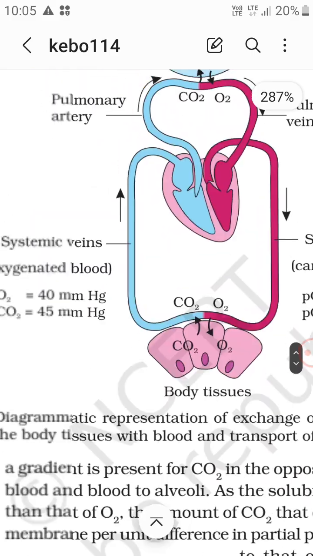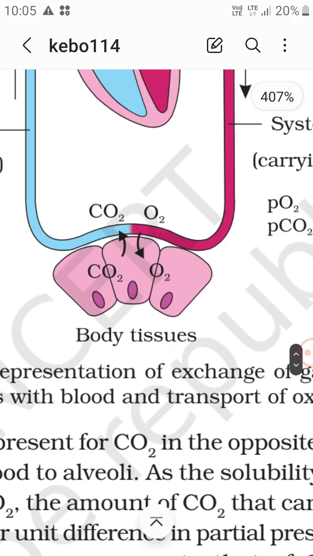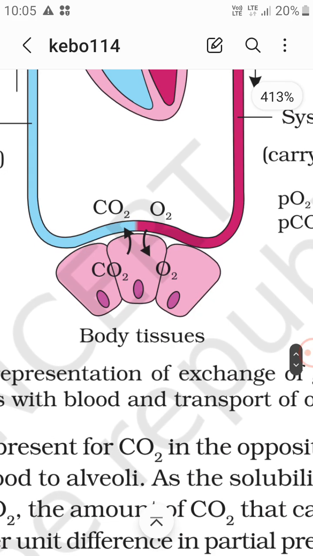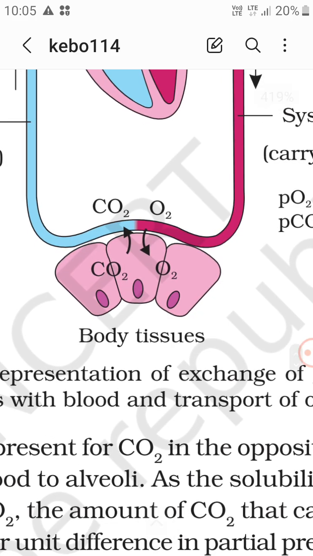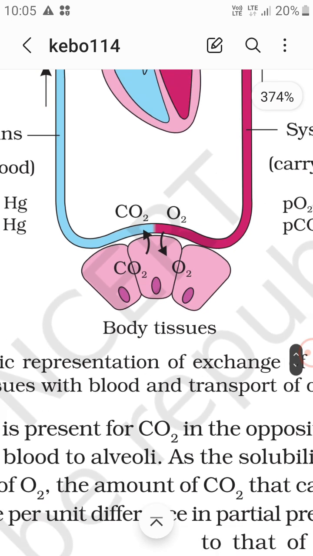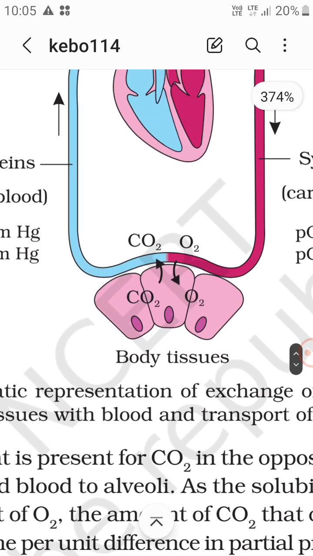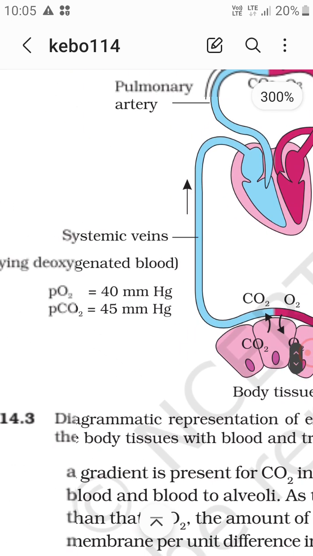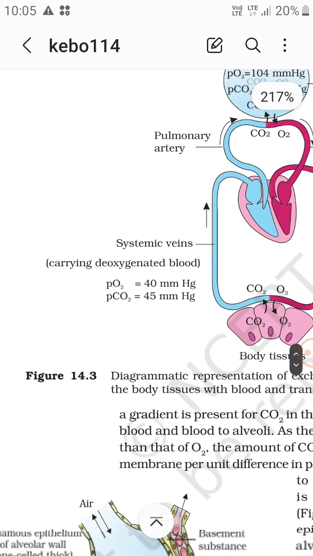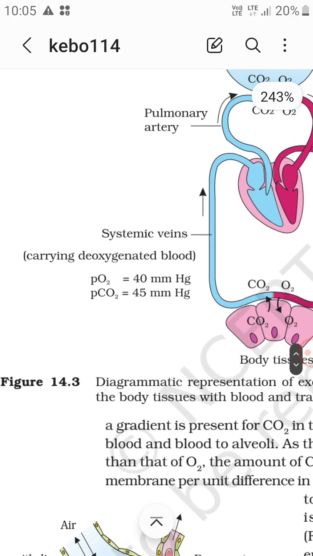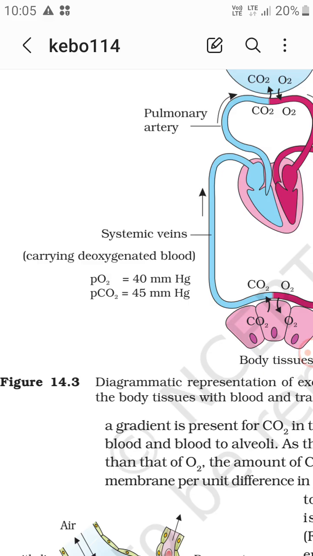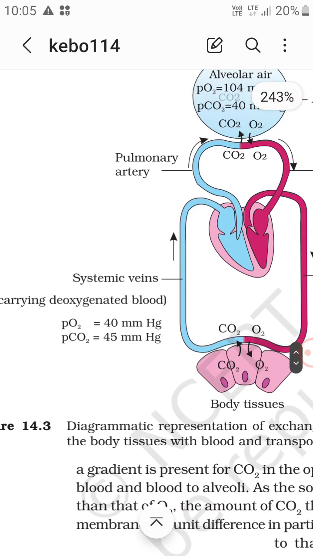Then body tissues, as you can see in here, in body tissues CO2 is 45 mmHg and O2 is 40 mmHg. Then the systemic veins carrying deoxygenated blood have PO2 of 40 mmHg and PCO2 of 45 mmHg.